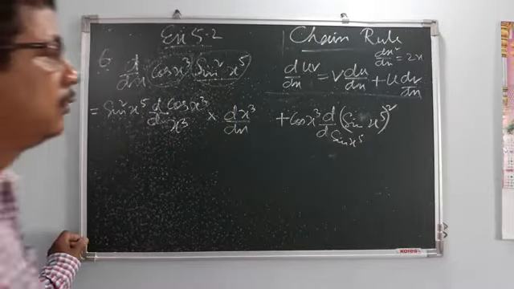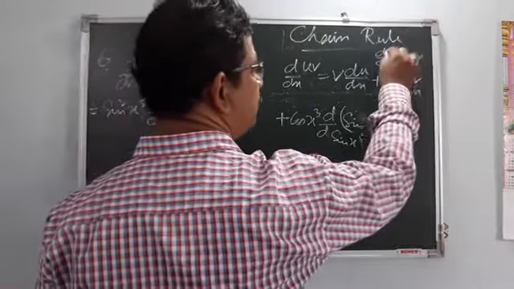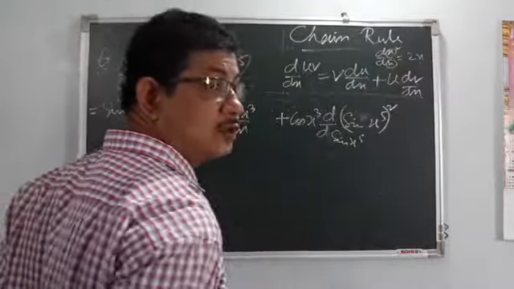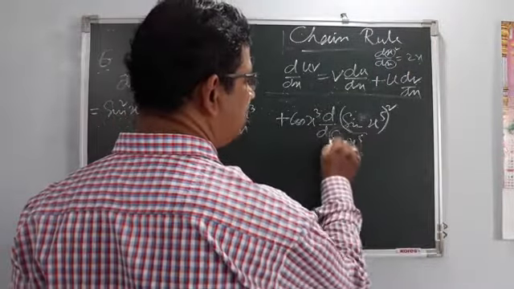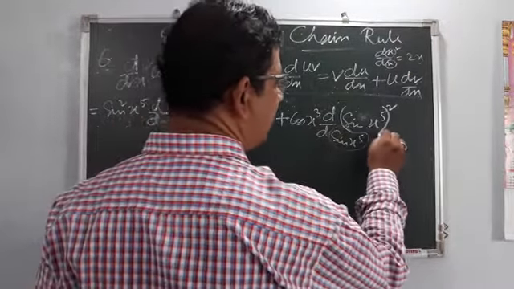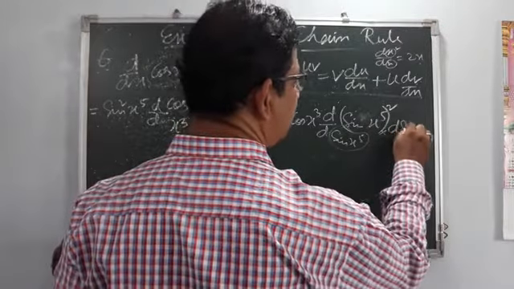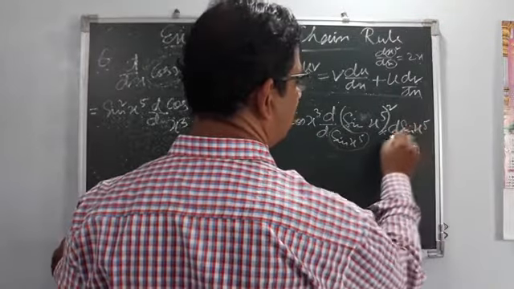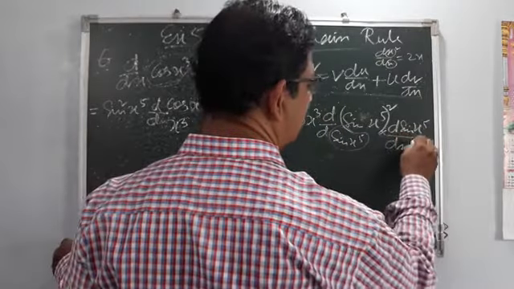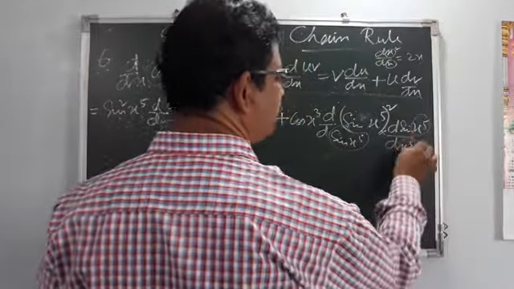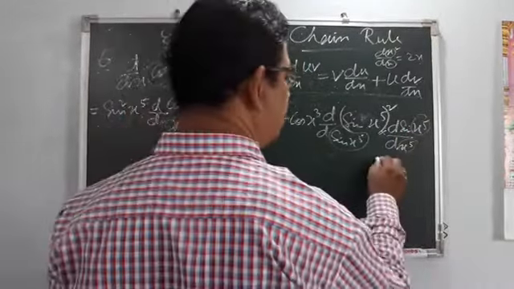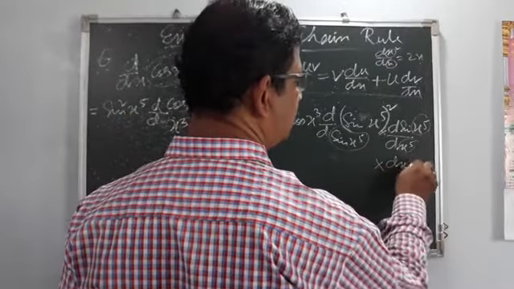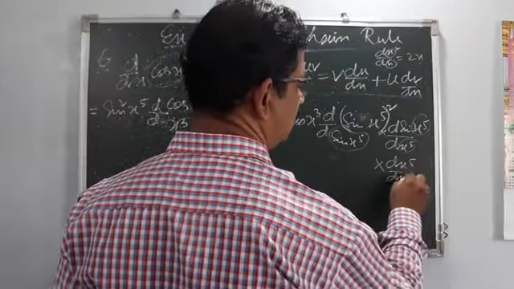Why is the chain rule written? Because if you see this, 2x, the answer is twice x. So I have written this term here, and to make it equal, we will write d(sine x to the power 5) with respect to x to the power 5. Both should be the same. Then again to make it the same, d(x to the power 5) with respect to x.